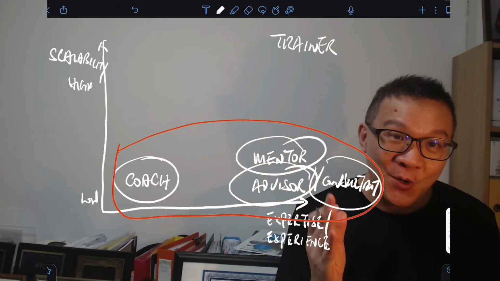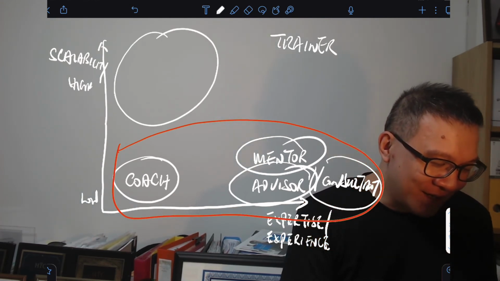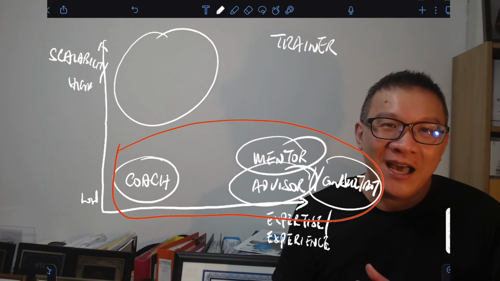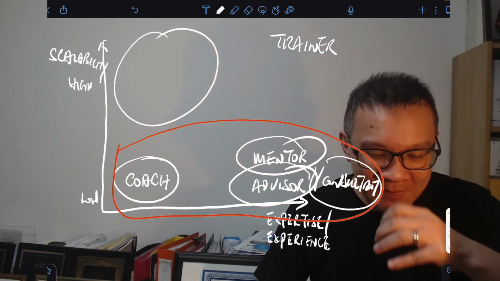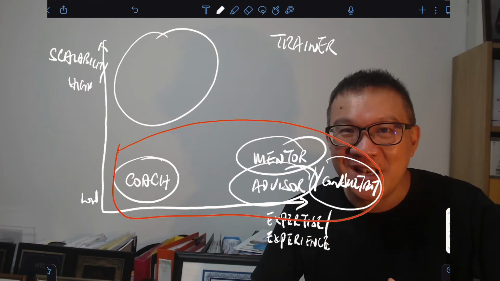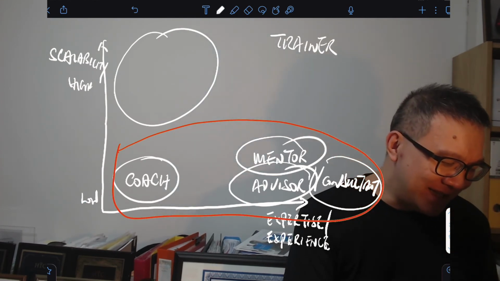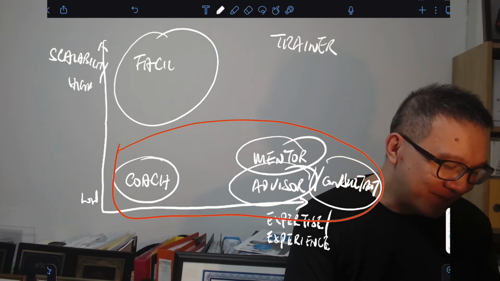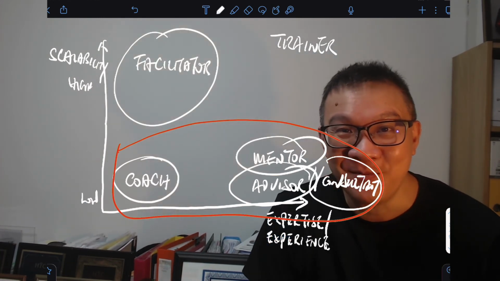Okay, so if let's say you talk about the other side, which is here, who is this person then? It's highly scalable. At the same time, there's no expected expertise or experience or subject matter required. Then I would say that this is really the facilitator. Now I learned from Blair, which I agree, and I experienced this myself.